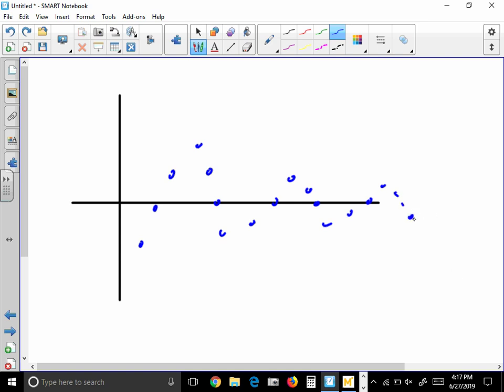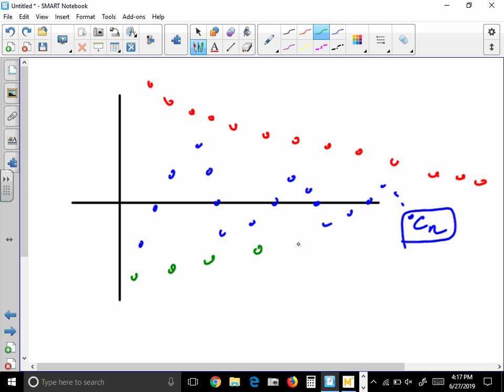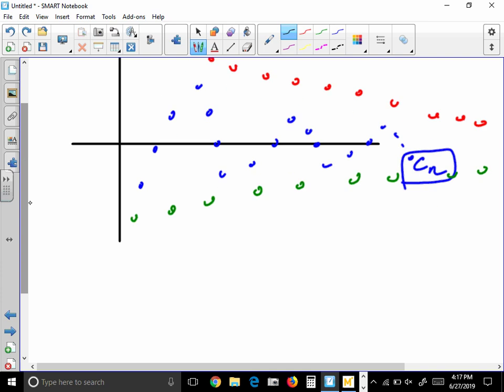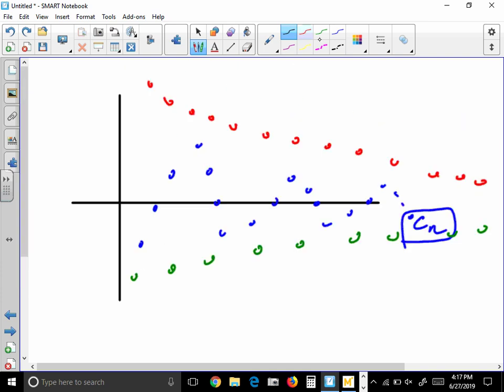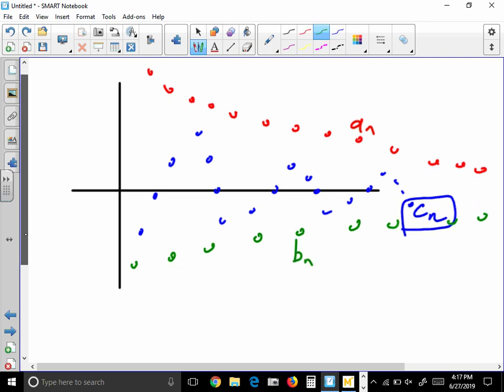So we're going to call that sequence C. If we have another sequence that's always bigger than that one, and then a sequence that's always smaller than that one, let's call this one A and this one B. I may have written it the other way earlier.